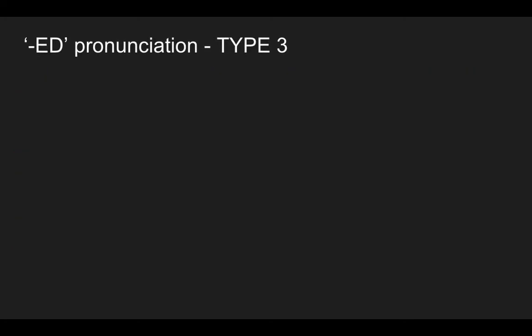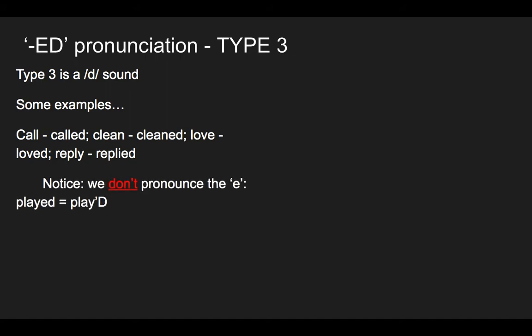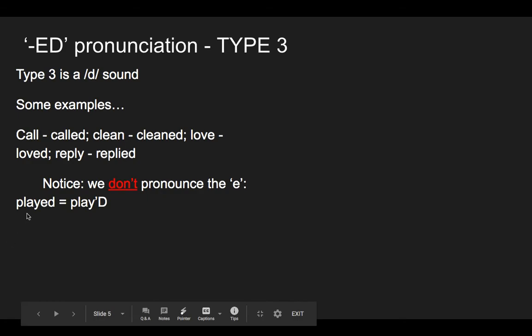Okay, and type 3 of ed pronunciation is the d sound. Some examples: call, called; clean, cleaned; love, loved; reply, replied. So again, we don't pronounce the e in ed. We say play, played.